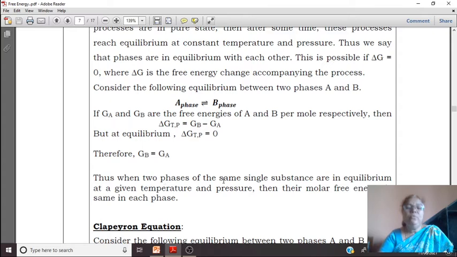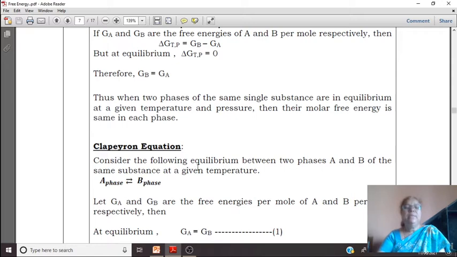Thus, when two phases of the same single substance are in equilibrium at a given temperature and pressure, then their molar free energy is the same in each phase. Then the Clapeyron equation. Here, consider the following equilibrium between two phases A and B of the same substance at a given temperature.